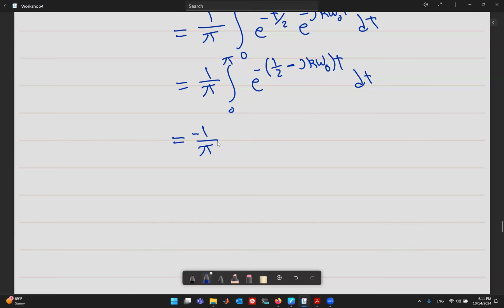So the minus would be here, and then we'll have 1/2 minus j k omega naught, then the exponential of 1/2 minus j k omega naught t between 0 and pi.